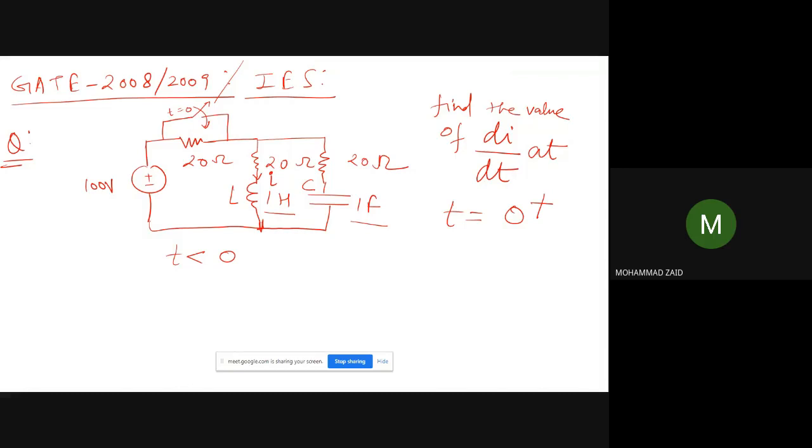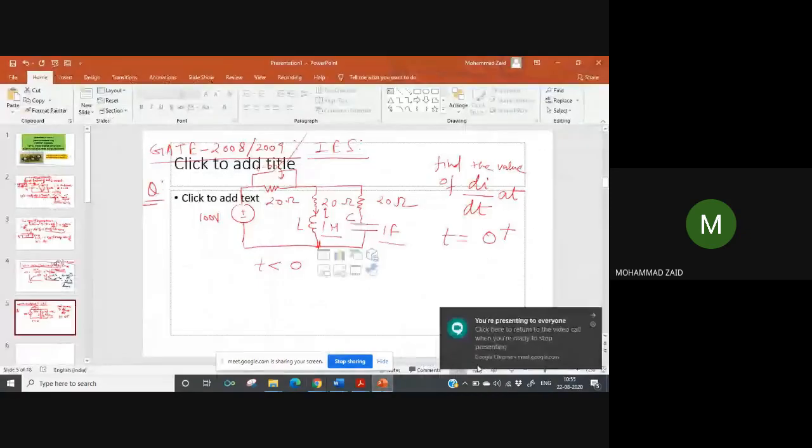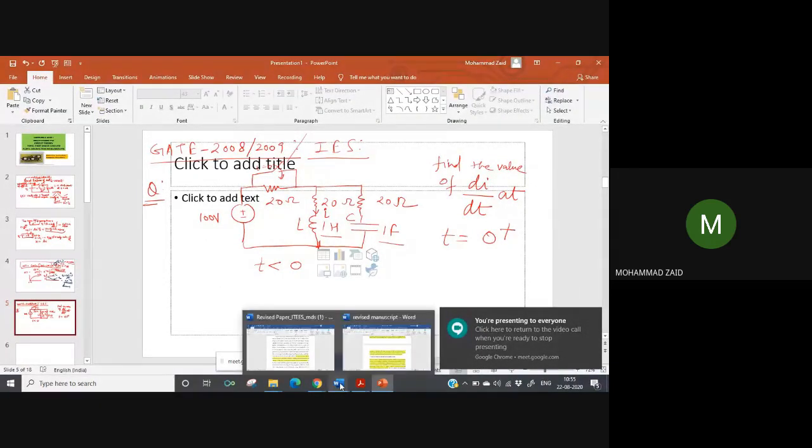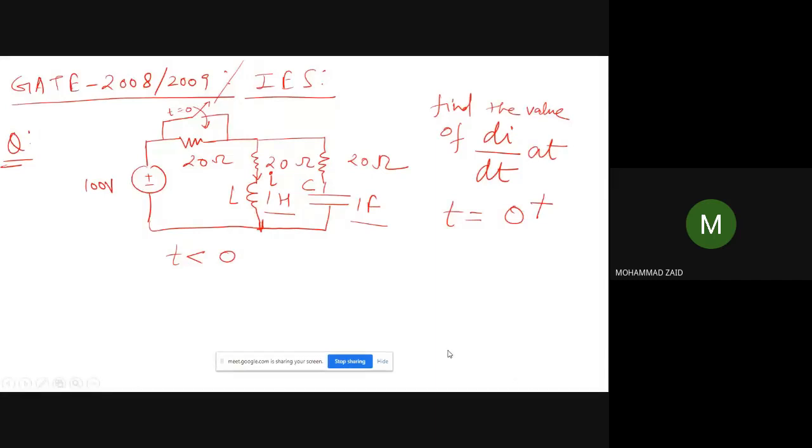Determine the initial inductor current and initial capacitor voltage and then proceed. So please solve it quickly.